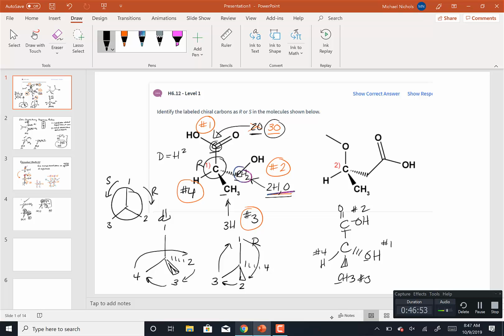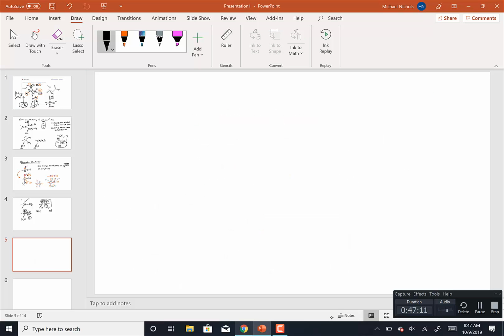My intent today was to make sure everybody was okay with the Cahn-Ingold-Prelog sequence and then start looking at the ways to manipulate the molecule to get number 4 away from me. And so the first way would be to grab number 1 and rotate it. So we had 1, and then 4 was where?